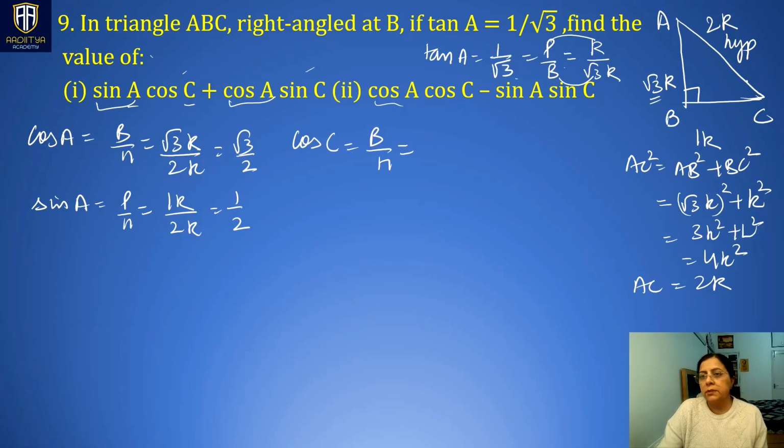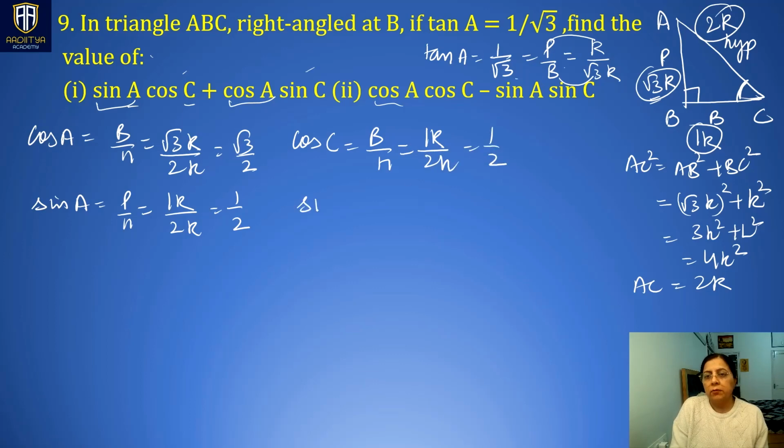Now for angle C, this becomes perpendicular, this becomes base. The values of sides are same, right? For cos C, base is 1K and hypotenuse is 2K, which is 1 by 2. For sine of C, it is perpendicular upon hypotenuse. Perpendicular is root 3K upon hypotenuse 2K. So we have root 3 over 2.